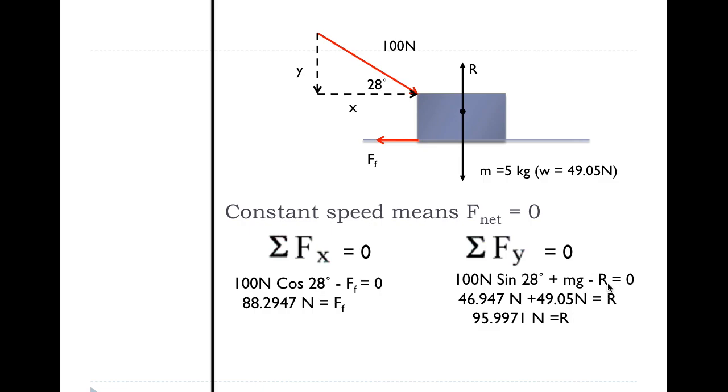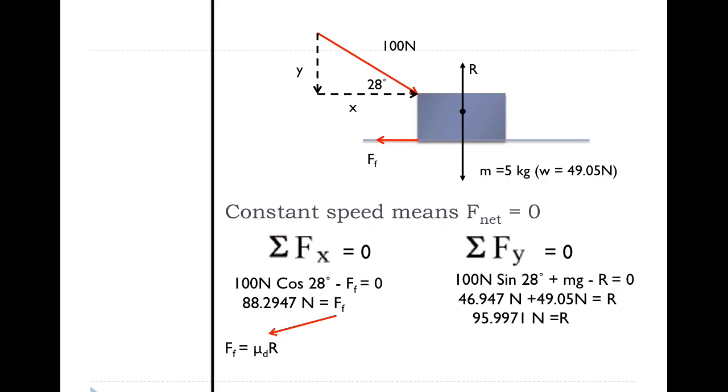And then we also have the normal force, which is going in the opposite direction from the initial y component direction. So that is going to be negative. When we solve for everything, we get R equals 95.9971 N.